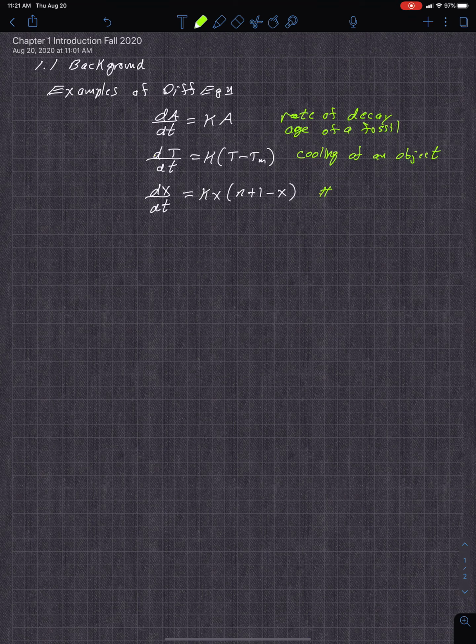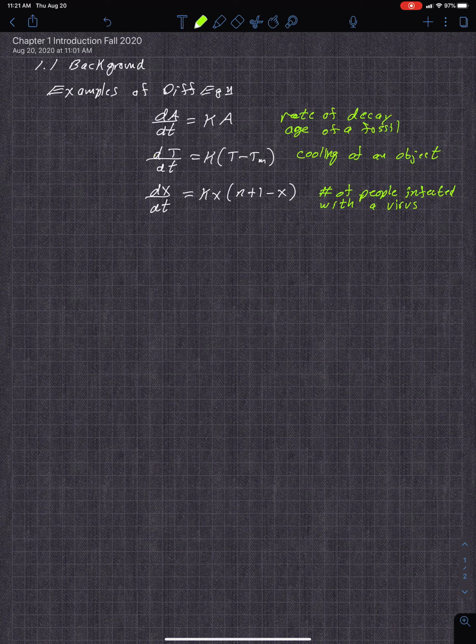This is the number of people infected with a virus. Right from the book. Now, that's probably a very simplified version of what's really going on right now, but that's the type of thing you can start with.